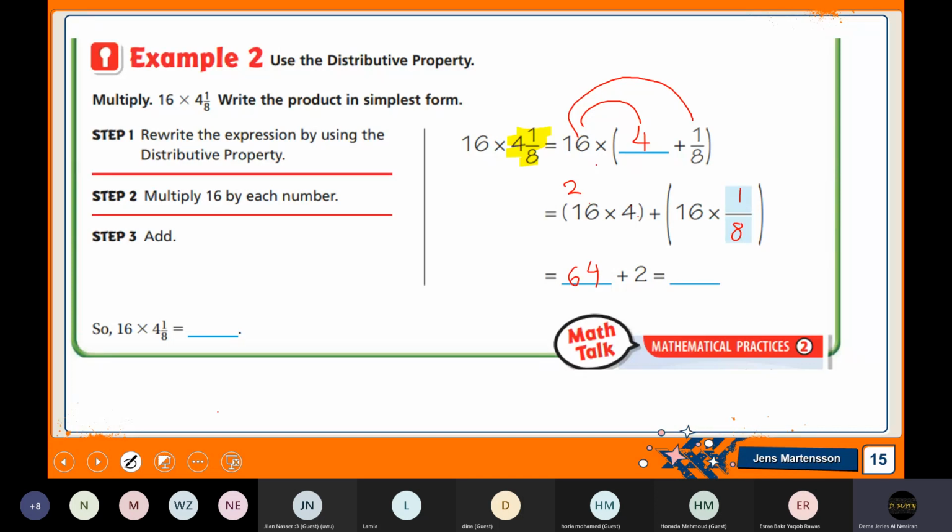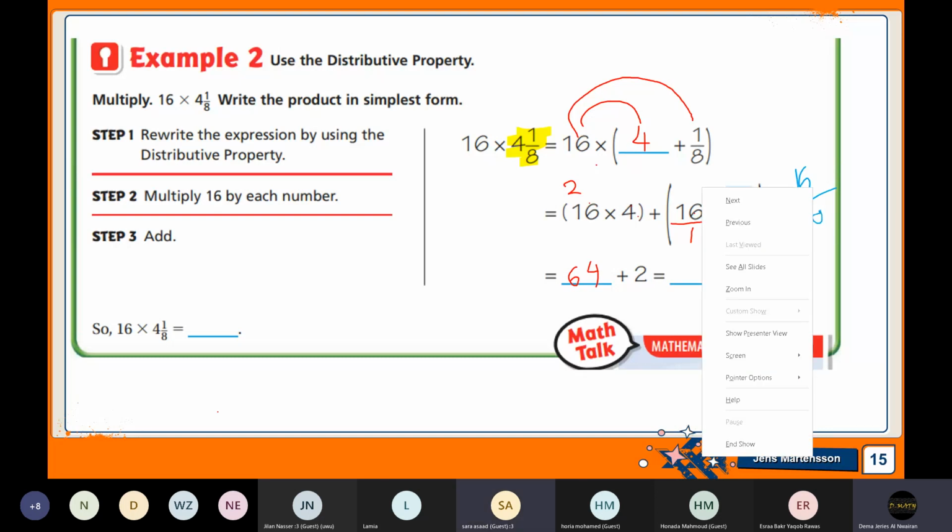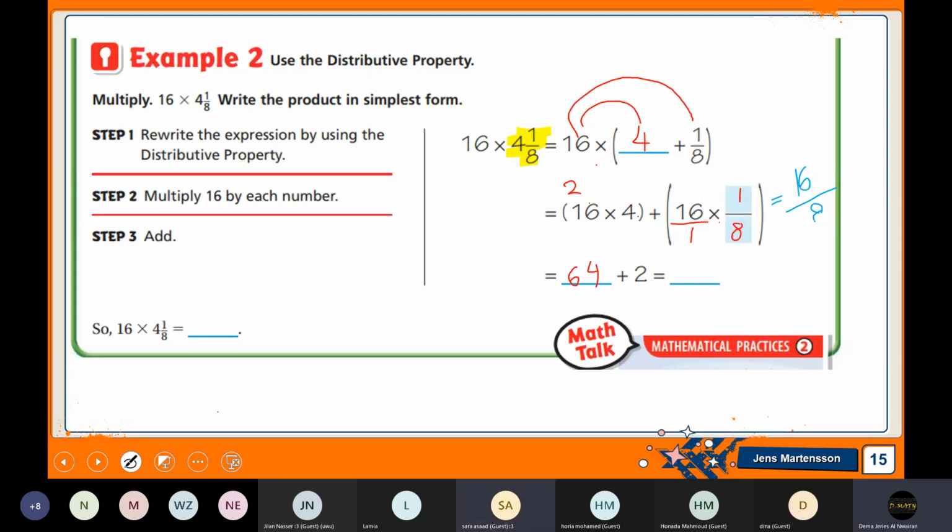Bravo. 16 times 1/8, we keep it as a fraction: 16 times 1 equals 16, over 1 times 8 equals 8. 16 divided by 8 equals 2. So 64 plus 2 equals 66. So the answer for 16 times 4 and 1 over 8 is 66.